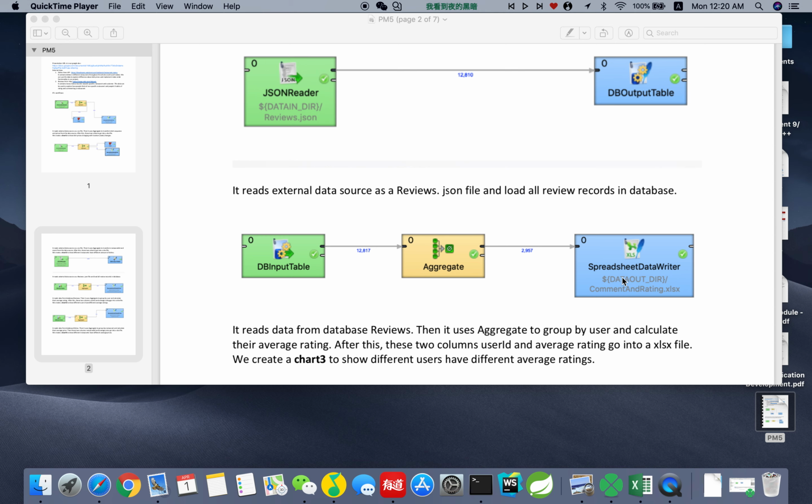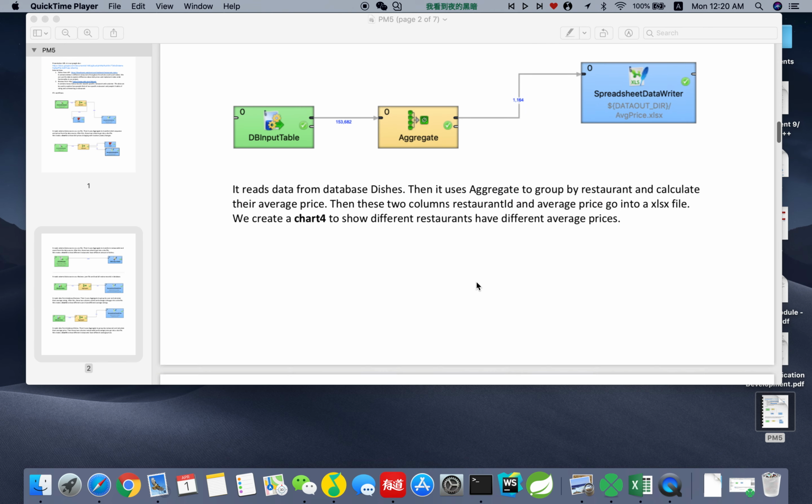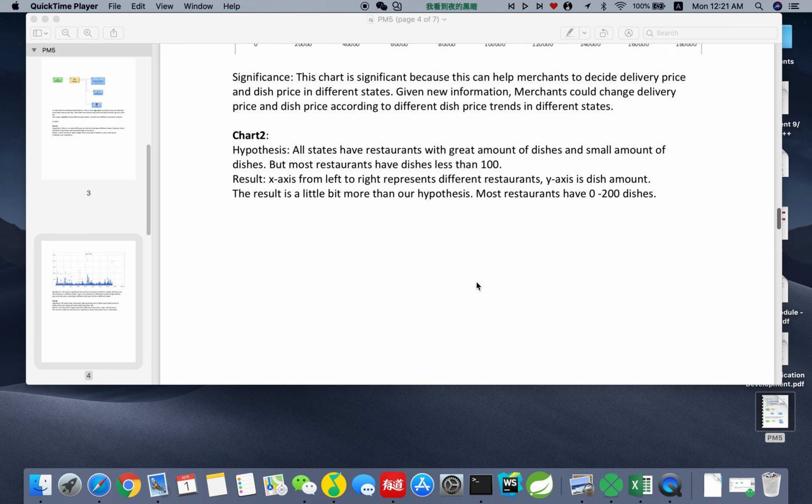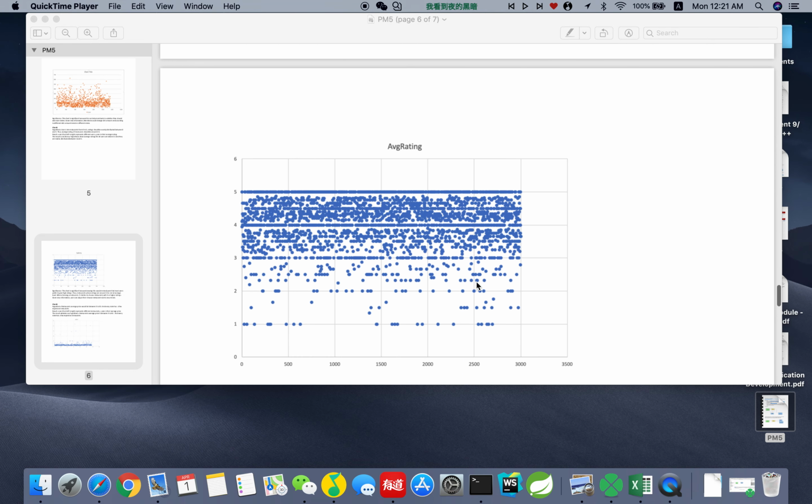So with this ETL workflow, we can get a chart, and I have attached chart 3 here. So this is chart 3.